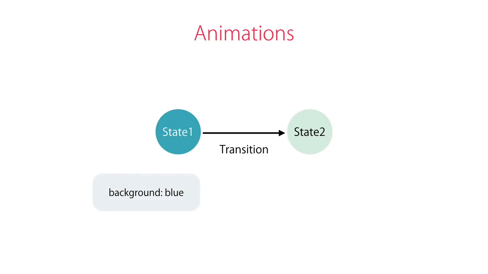Perhaps its background is blue. Now, during an animation, it transitions to a different state, and in this state, it has a different look. Perhaps its background is now yellow. This is the anatomy of every animation. We have various states. In each state, our element has a different look, and during an animation, it transitions from one state to another. Okay?